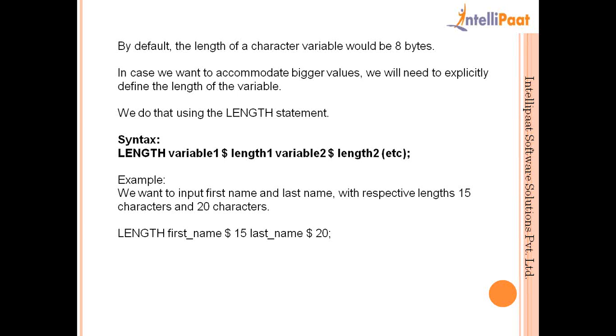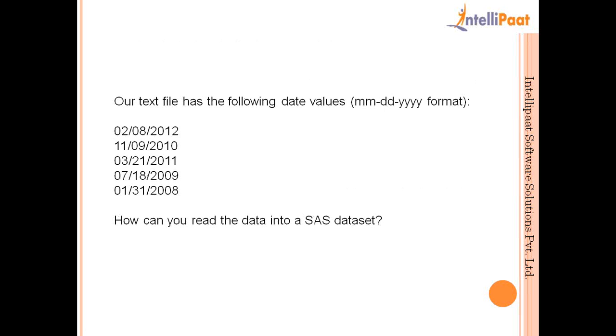The syntax here is LENGTH, variable 1, and then length 1. If you do not specify anything, it would automatically be 8. If you specify, say, dollar 15 here, it is going to accommodate 15 bytes of space in the system.